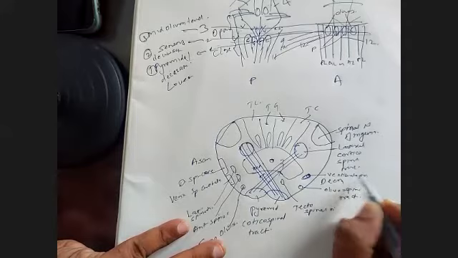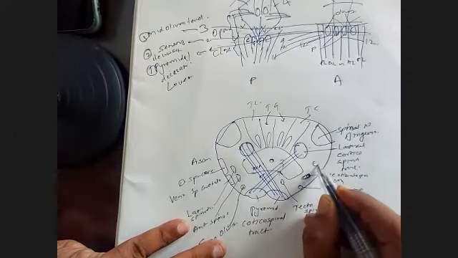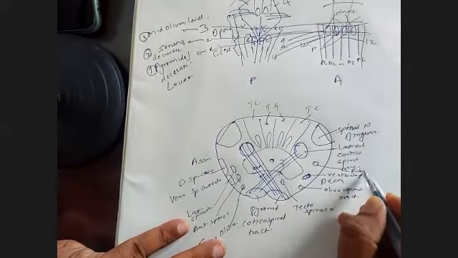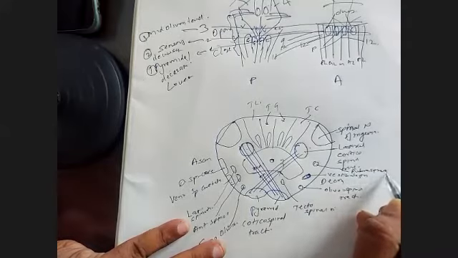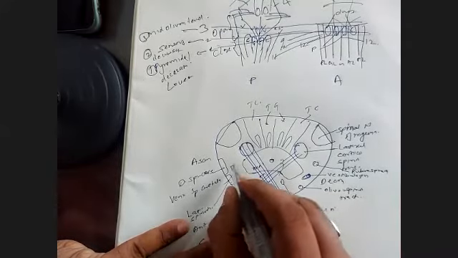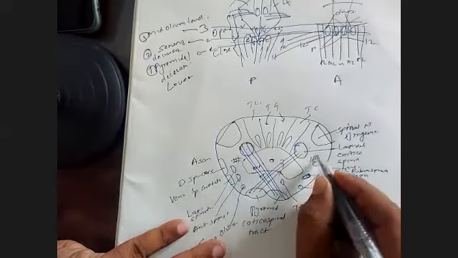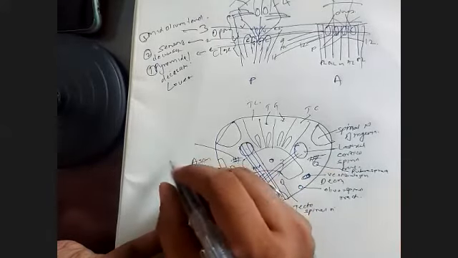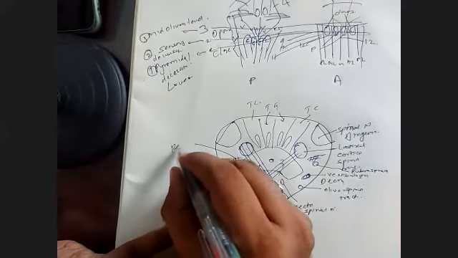Vestibulospinal, and here we can show rubrospinal tract, and then we can show the medulla pons. We have to show the reticular formation.